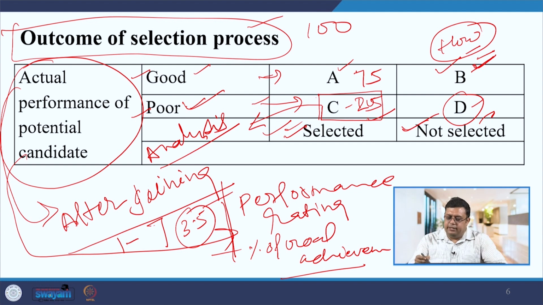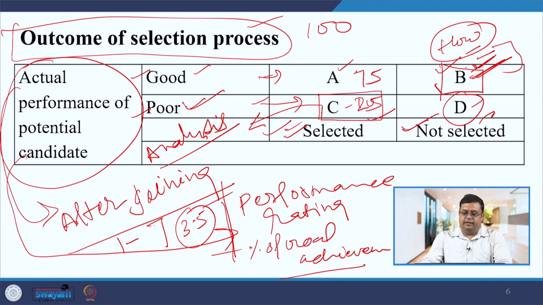And you can do the analysis of why these candidates were not selected, although they were good performers, but they could not be selected in your organization. These two analyses will be very important if you can identify the candidates and analyze these two categories, right.